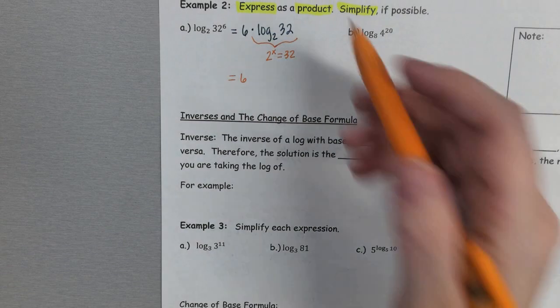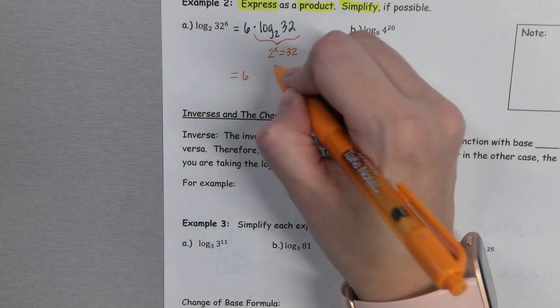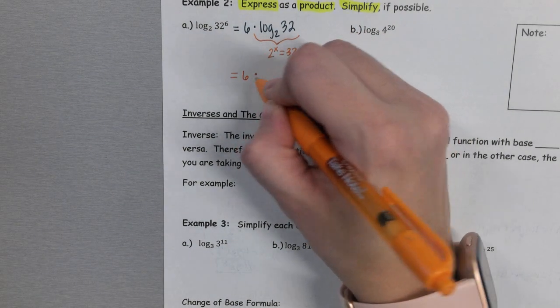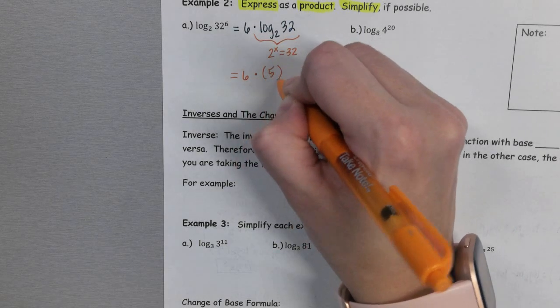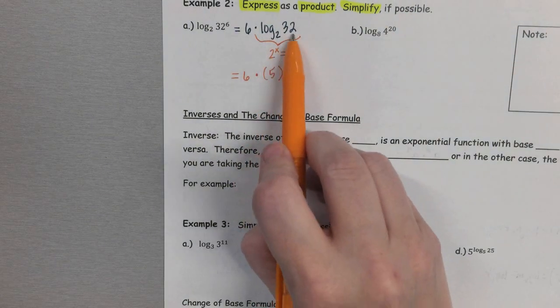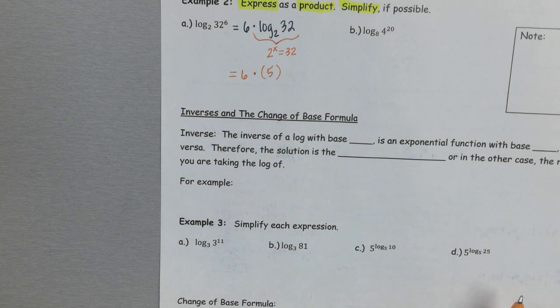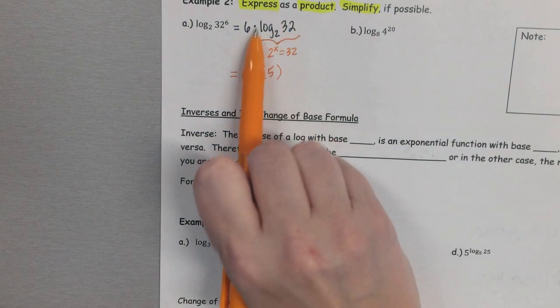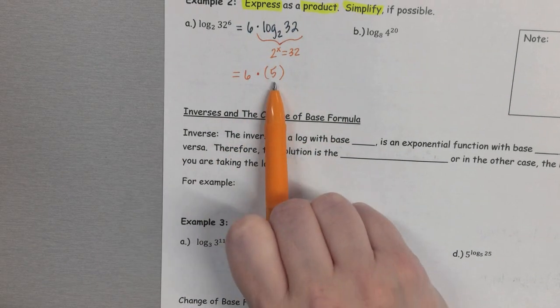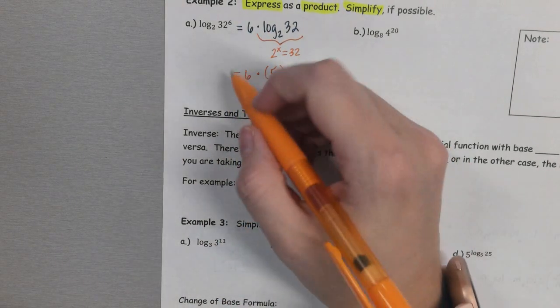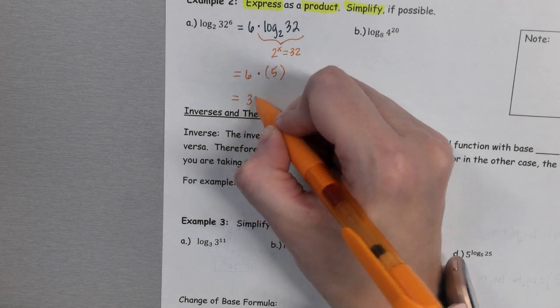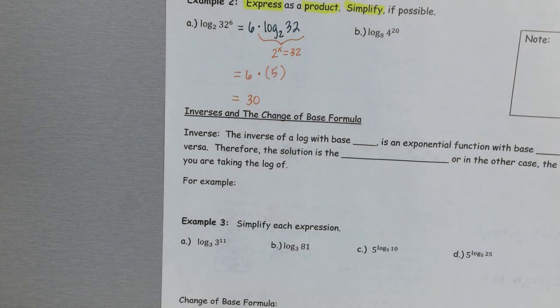Yes. So then what we're going to do is we're going to rewrite this as 5. So this becomes 6 times 5. Because log base 2 of 32 equals 5. So if you were to simplify this, okay, you would get 5. And now you can just multiply. Together it would make 30.